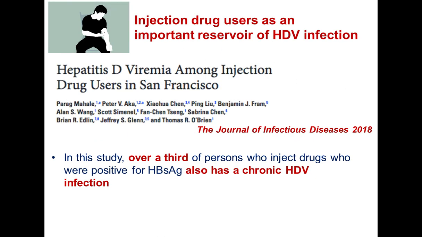And this poses some concerns on injection drug users, who represent an important reservoir of HDV infection. In particular, a recent study led in San Francisco has shown that over a third of injection drug users with a chronic HBV infection are also HDV seropositive.